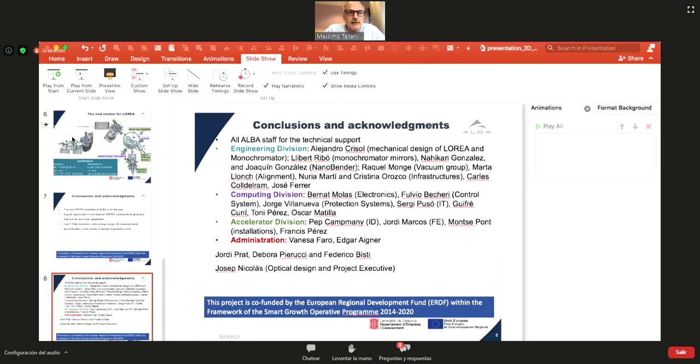So ALBA is an open facility, so every person with an affiliation anywhere in the world can perform experiments in ALBA. And then the point, as mentioned by Miguel Ángel, is the funding.